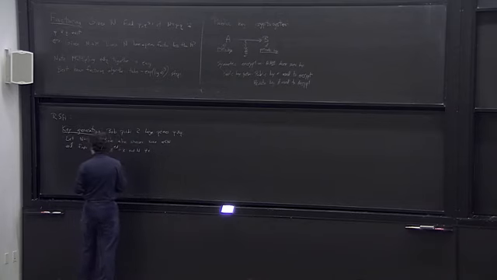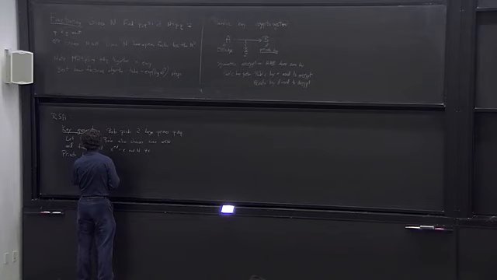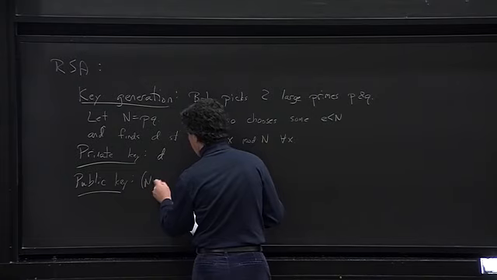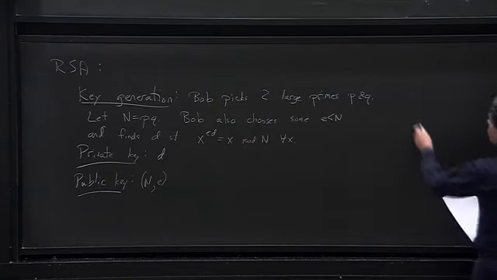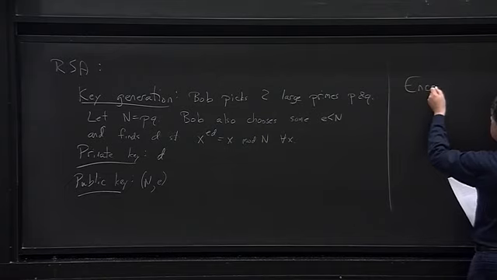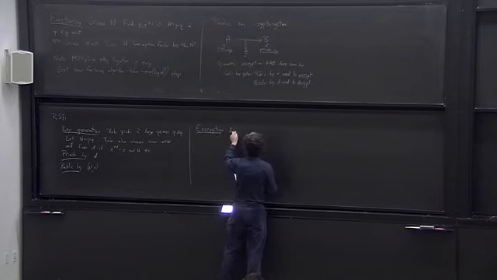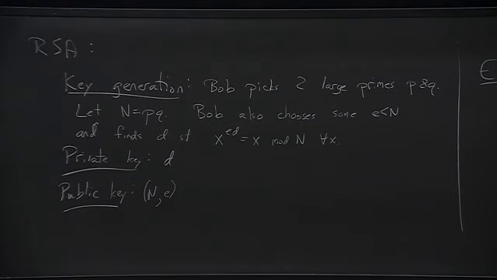Once he's done that, the private key is D, and the public key has two parts, actually: big N and E. Then how do you do encryption? Suppose Alice has a message X that she wants to send to Bob.